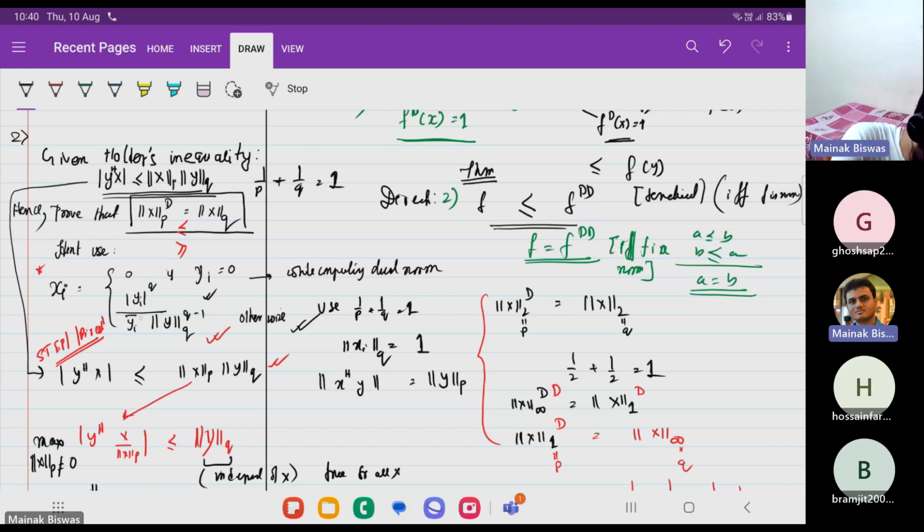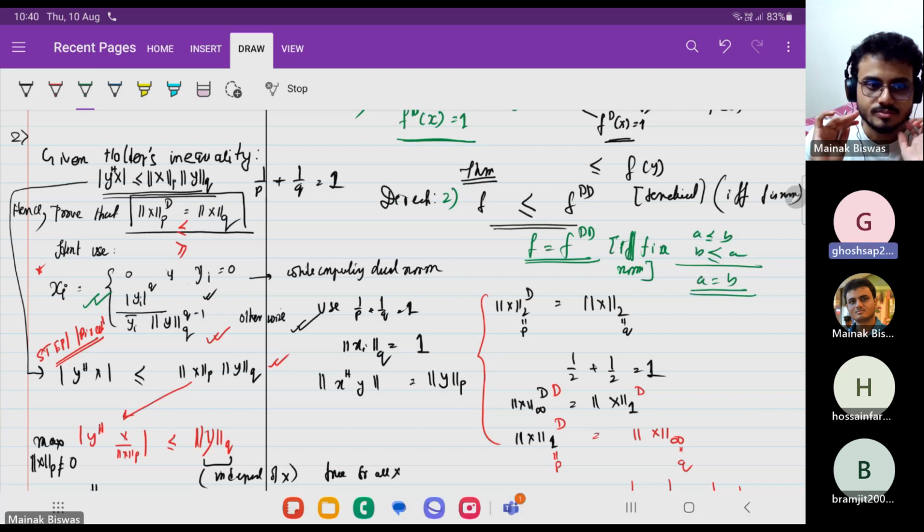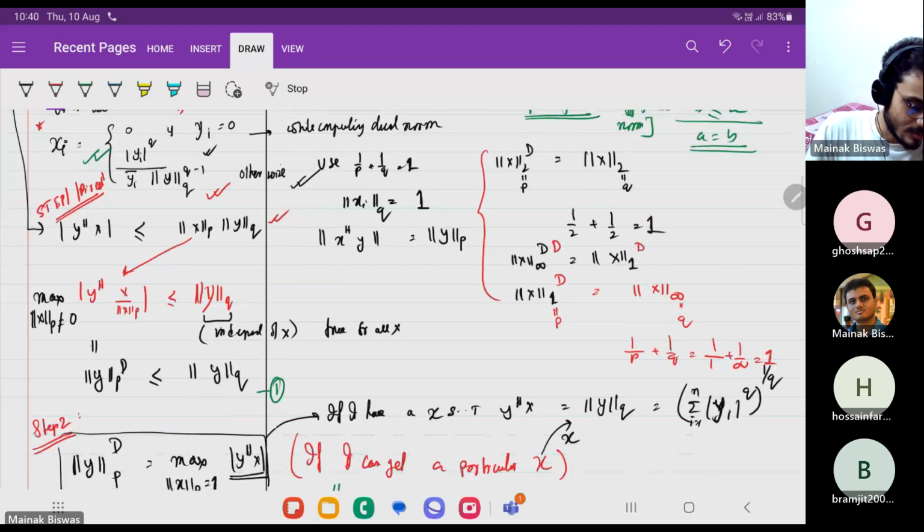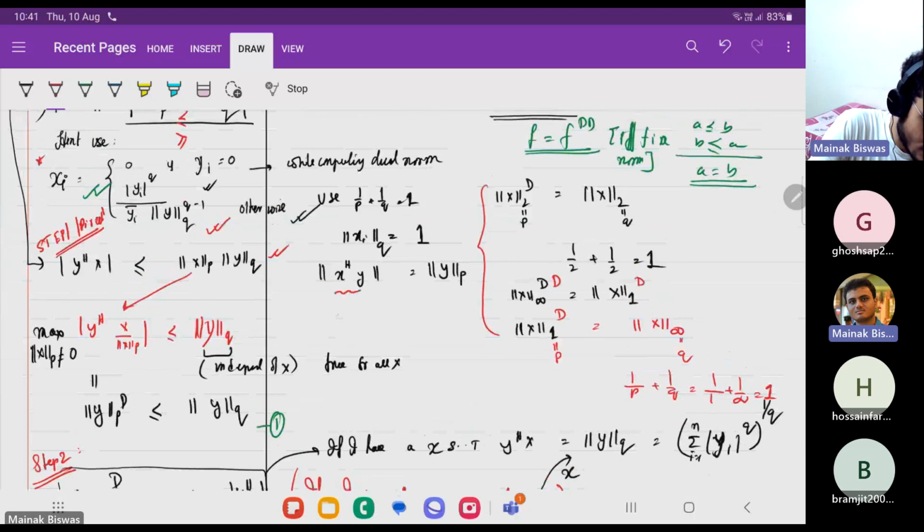So use this particular exercise and that will do it for you. Is it clear? I've given you the particular exercise that you need to choose. Is it okay? If you want, I can show you why it is true, because your x Hermitian y is your y Hermitian x, it's just nothing but y bar this, right?